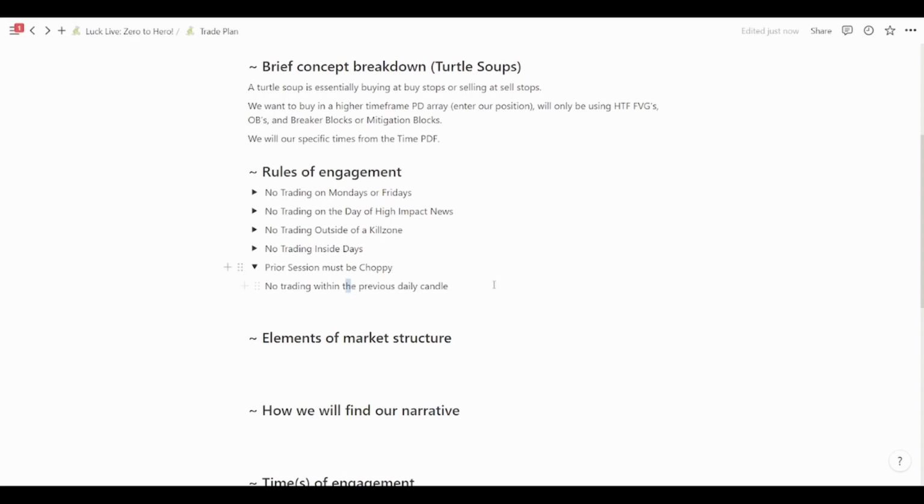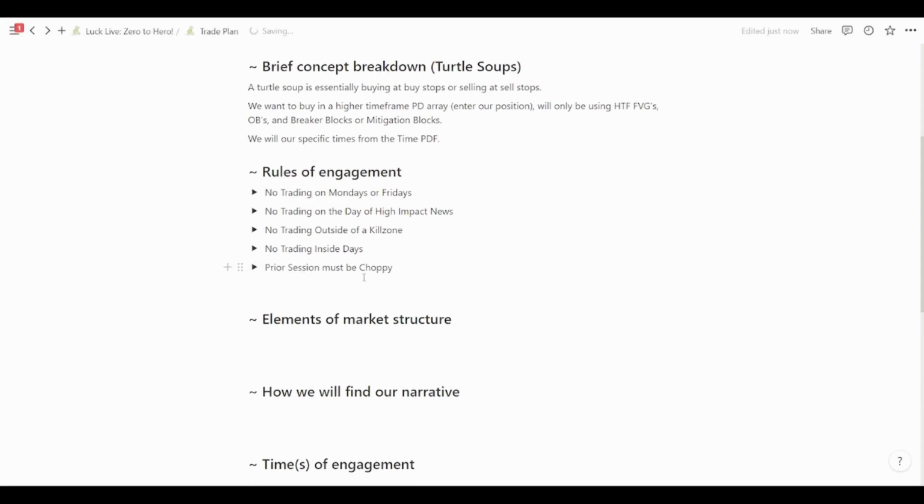Since we're going to be trading the New York AM session, the London session, the prior session, must be choppy or exhibit up and down price action for me to engage. The reason being is because the chop, the up and down, is the generation of liquidity, the engineering of liquidity.